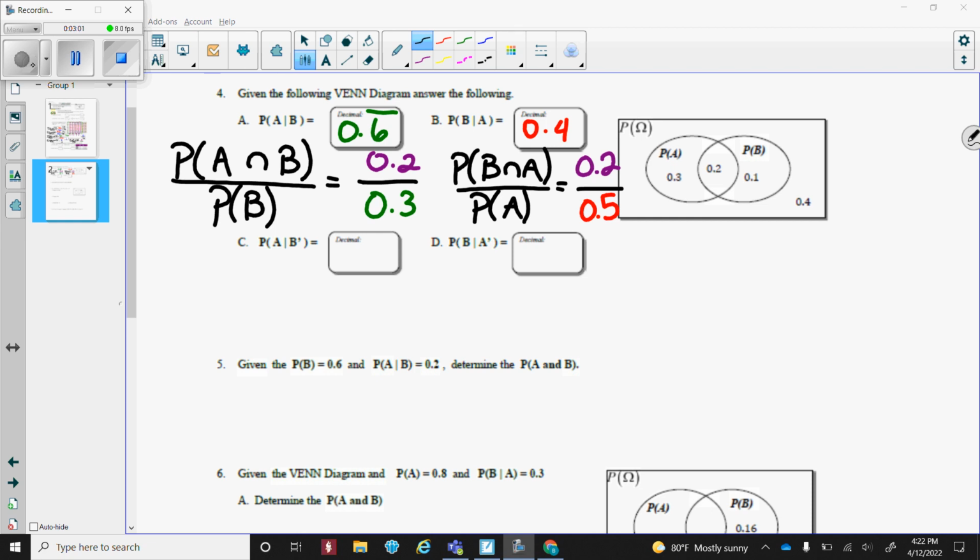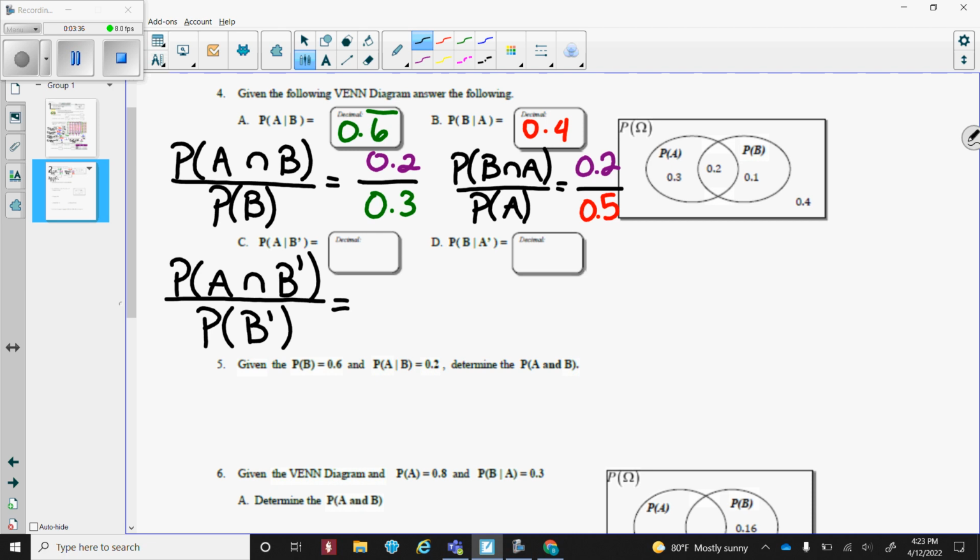Part C is a little bit different. There's this thing with an apostrophe. What is that? We haven't really seen that before. That means not. So not B. Let's rewrite question C. We have the probability of A and not B, so everything that's not B, divided by the probability of not B. So anything except B, like B just needs to get out of here, we don't want it anymore.